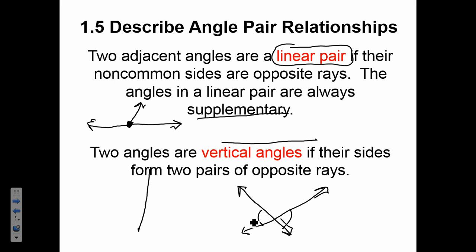So this angle over here, angle 1, and angle 2 are vertical angles. So these two angles, their sides, form two pairs of opposite rays. So here's a ray and here's a ray. Here is a ray and here is a ray. So all you need to remember is that vertical angles are on opposite sides of each other.